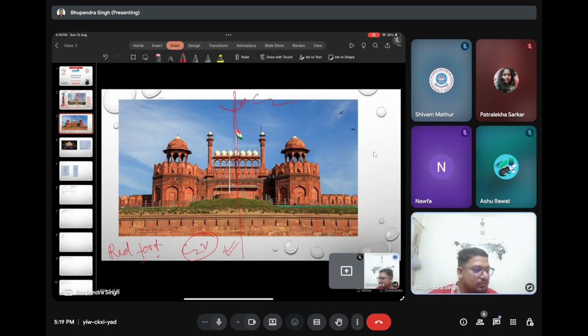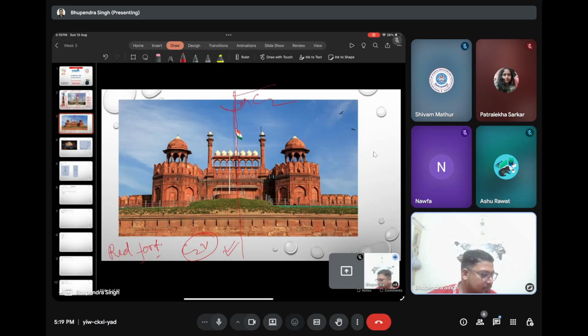Now sigma v is an imaginary plane going inside, considering the C2 axis passing through this Red Fort from the middle. This is your plane.